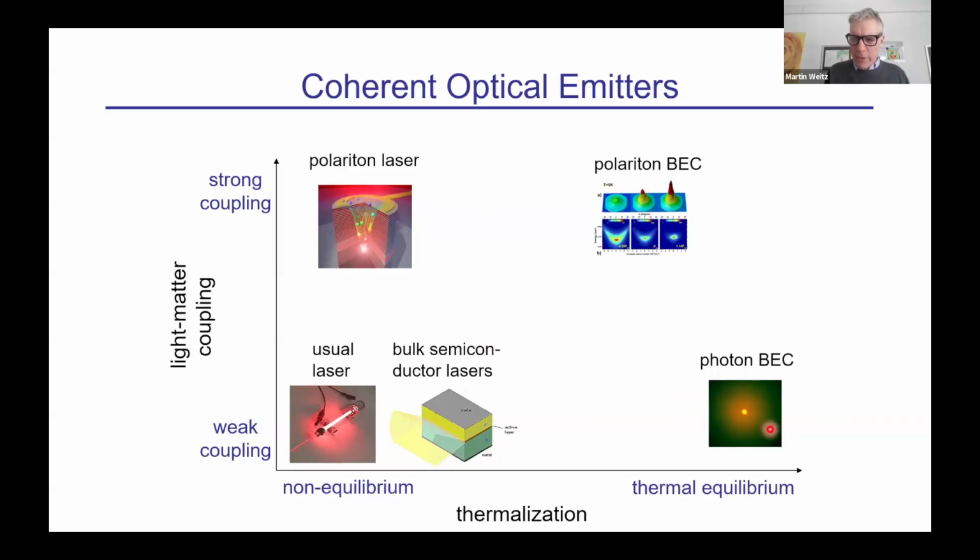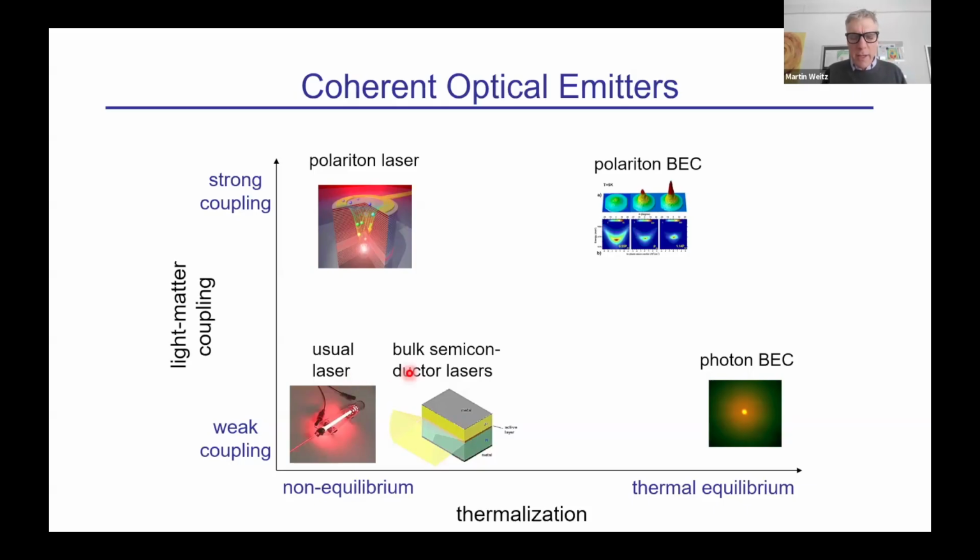And to get a BEC, in general, thermalization has to be much faster than loss. If that is fulfilled, and one has a well-defined ground state, one obtains a photon BEC, whereas in the usual laser case, one has no thermalization at all, or at least less thermalization than the loss rate.